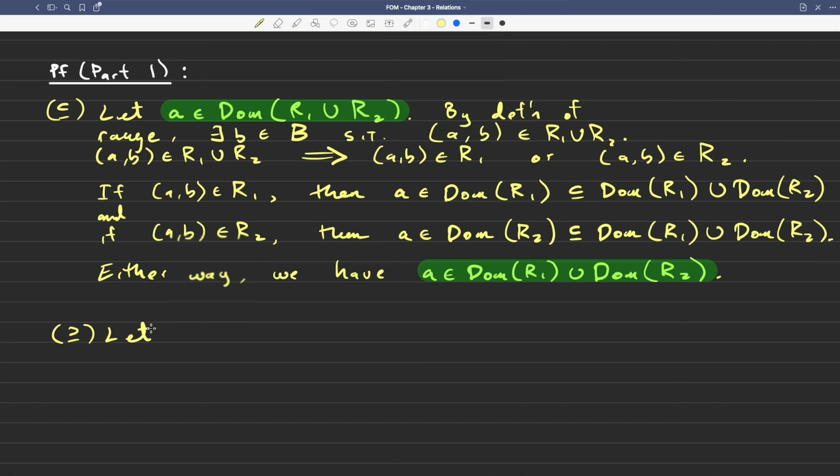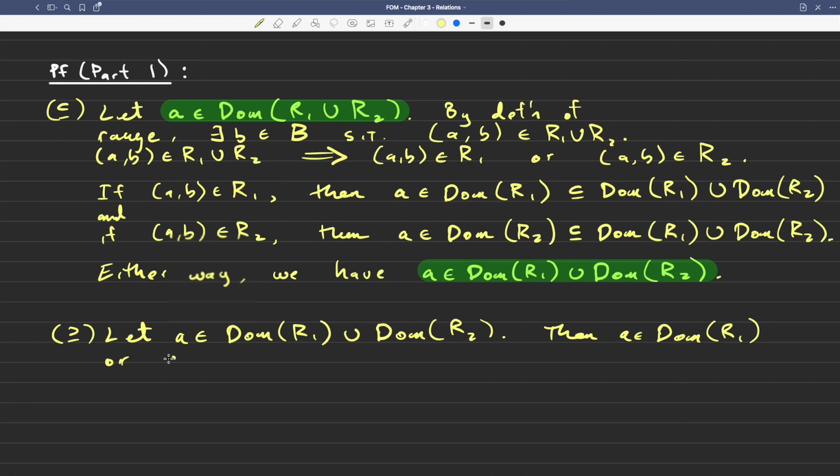And we'll do that by letting little a be in the domain of R1 union domain of R2. And sort of reversing logic here, we can say a has to be in the domain of R1, or a is in the domain of R2, and we'll consider those two possibilities separately.